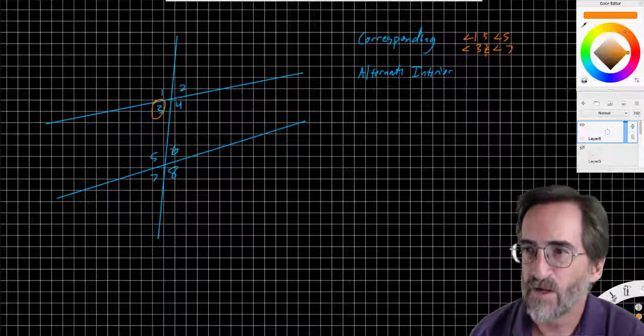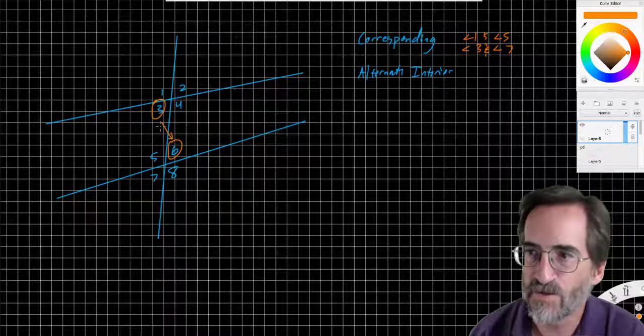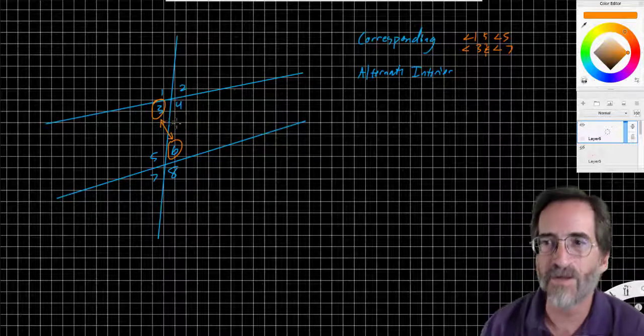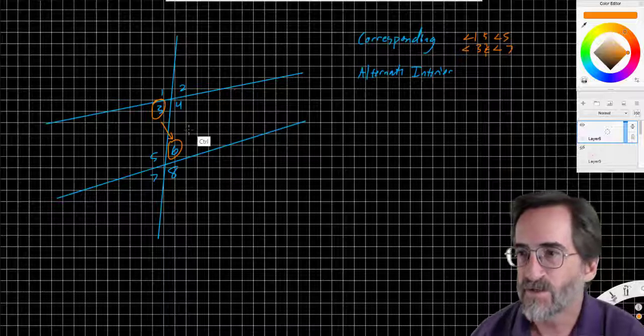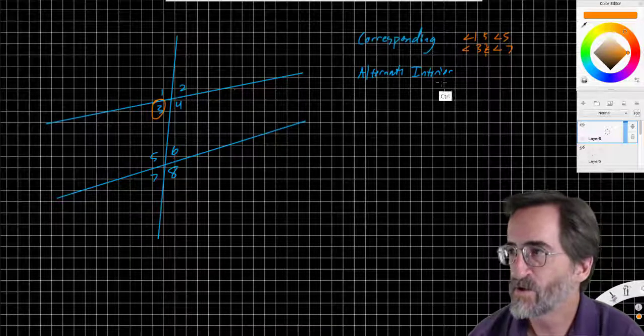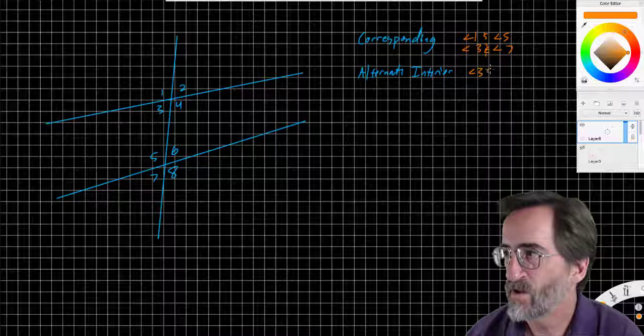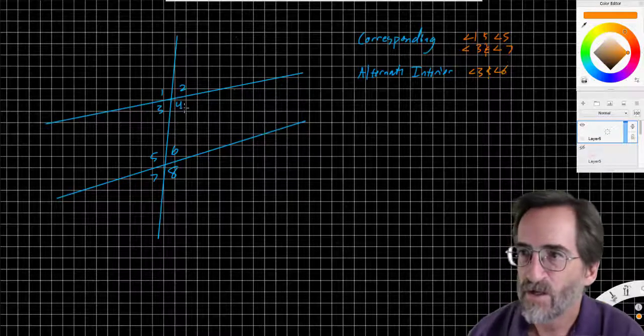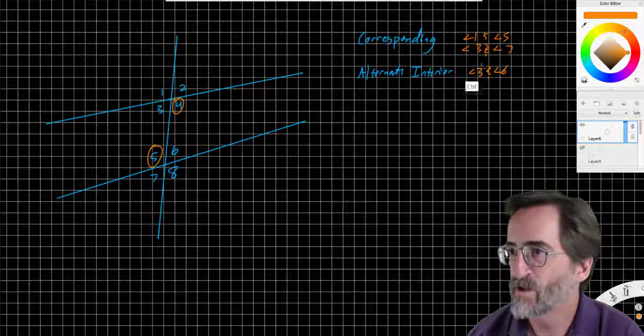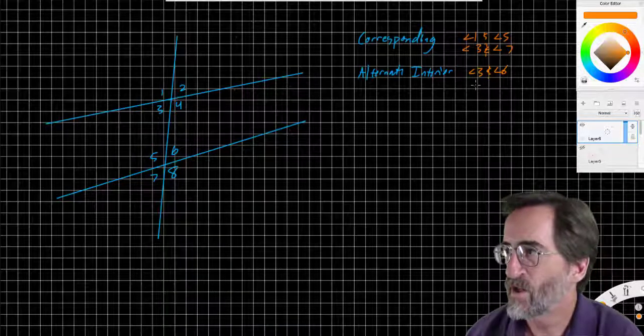So angle 3 and angle 6 are alternate interior because they cross over the transversal and they're interior. Also, angle 4 and angle 5 are alternate interior angles.